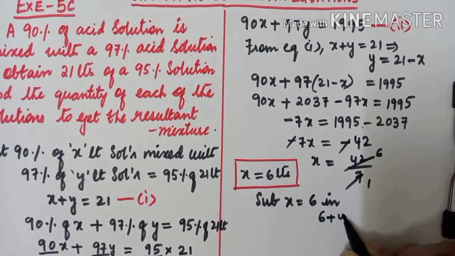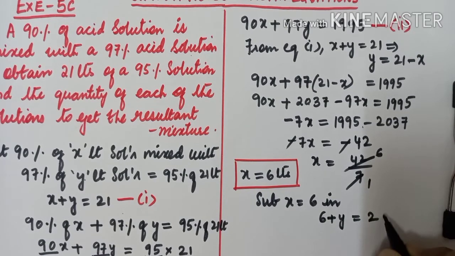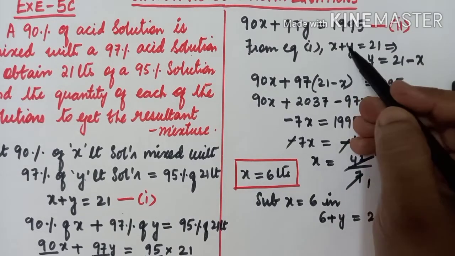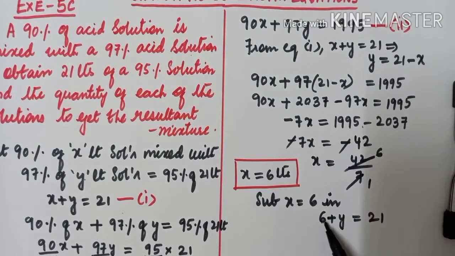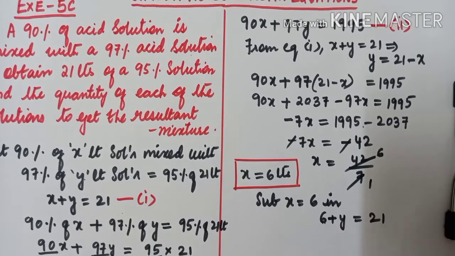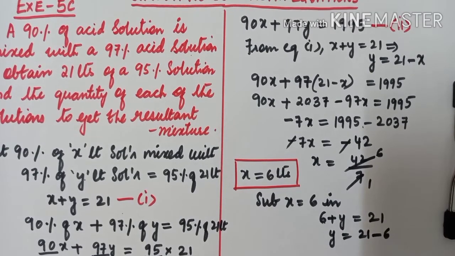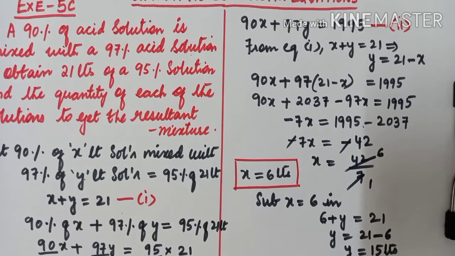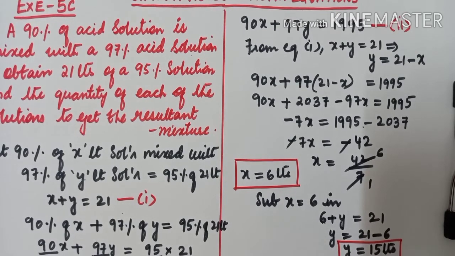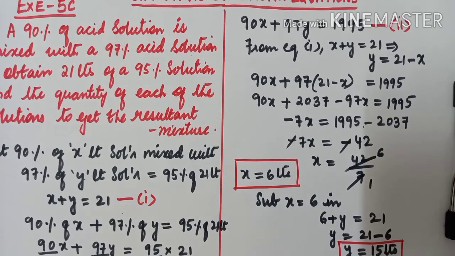Here only I'm substituting in x plus y equal to 21, in place of x I'm writing 6 plus y equals to 21. So y equals to 21 minus 6, which will give you 15 liters. So here you got x equals to 6 liters and y equals to 15 liters.